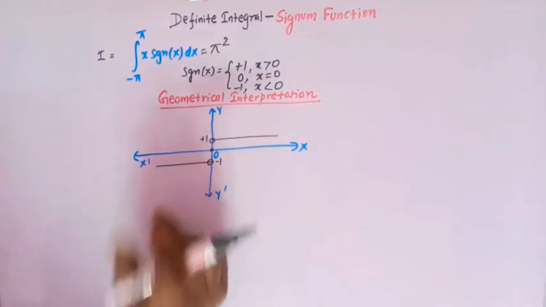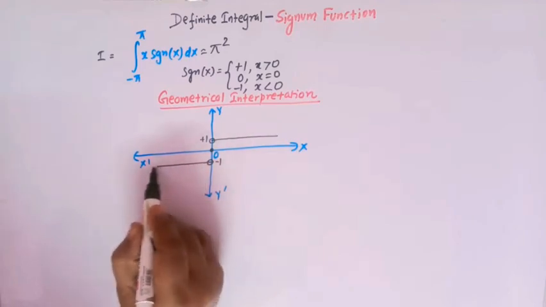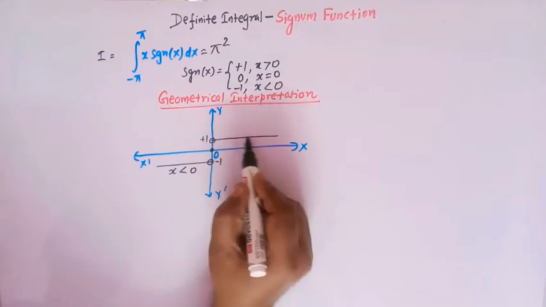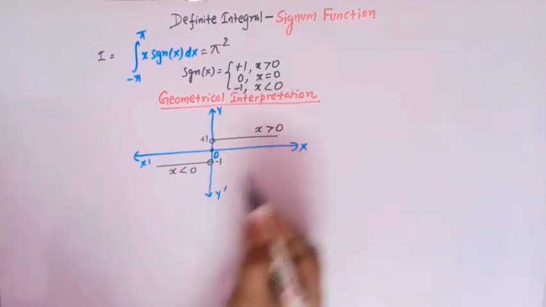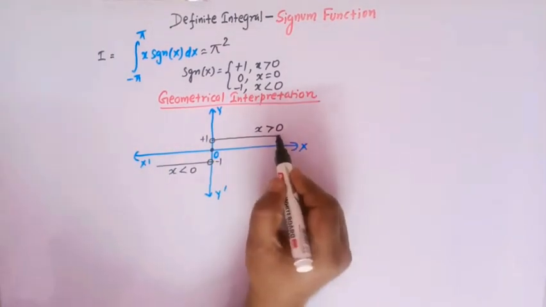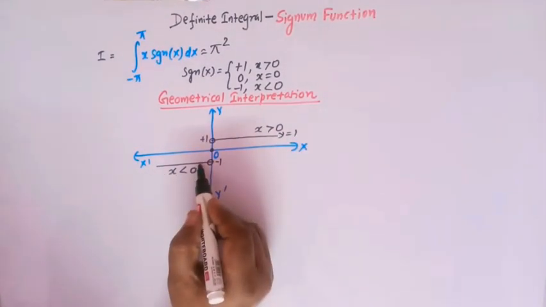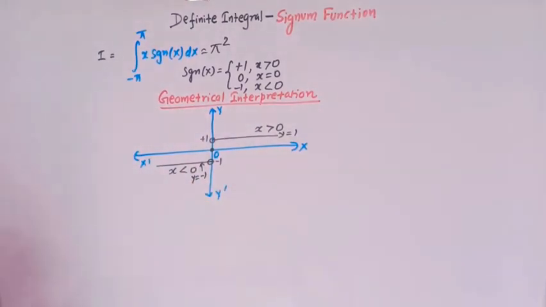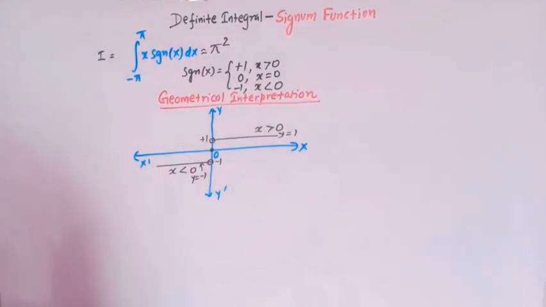So here all these points correspond to x less than 0, and here all the points correspond to x greater than 0, right? And this is the line y is equal to 1, and this is the line y is equal to minus 1. Okay, so this is the graph of signum of x.